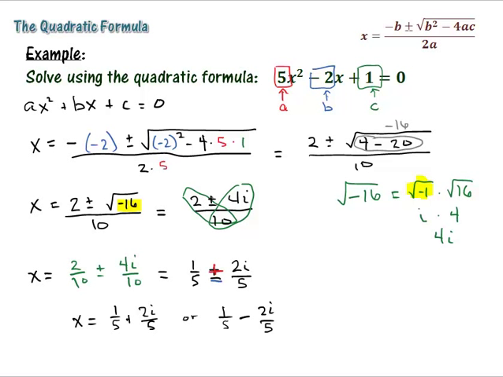Okay, so the issue here is that we have an imaginary part of our solution, so we say these are complex solutions. And just for your information, anytime you have complex solutions, there's going to be two of them. So it's going to be two complex solutions. We'll talk more about that tomorrow in the discriminant lesson.